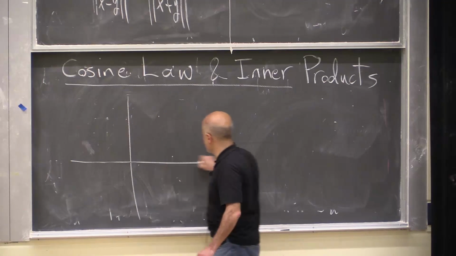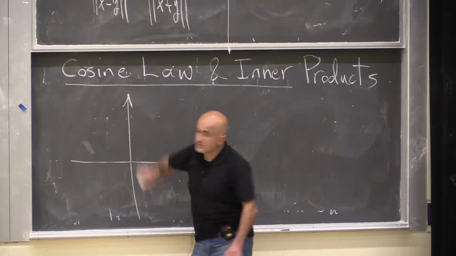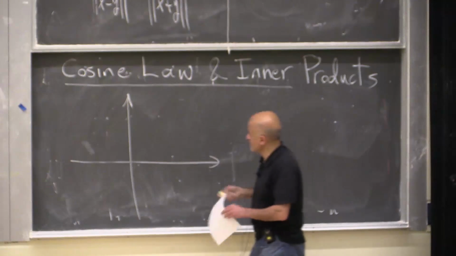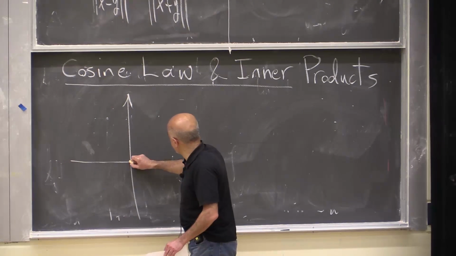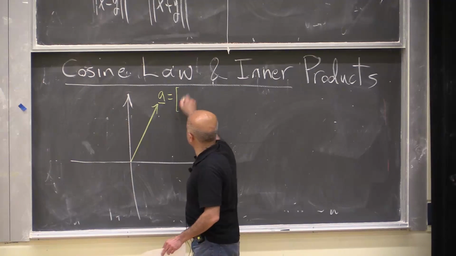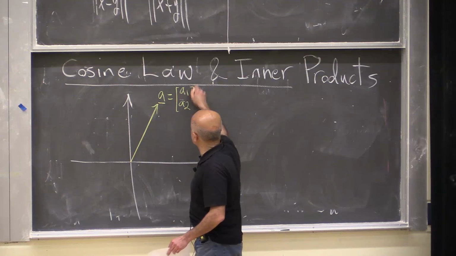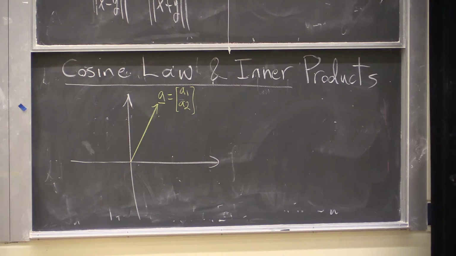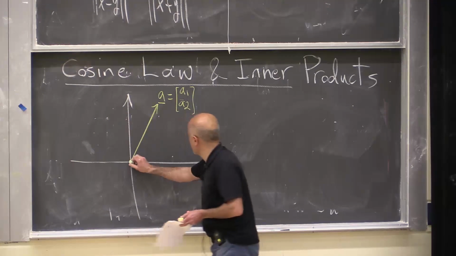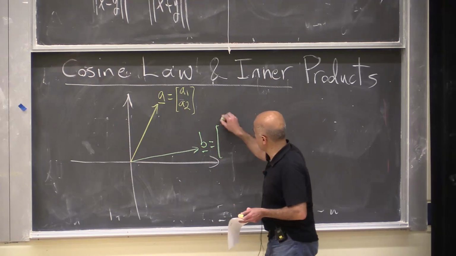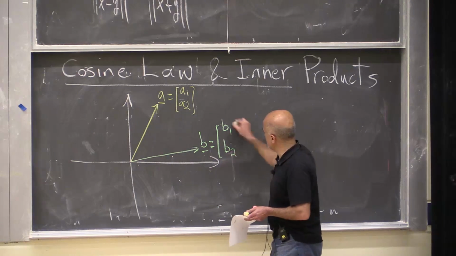I'm going to do everything in 2 dimensions. The extension to higher dimensions is fairly straightforward. So let's say I have 2 vectors, A, which has 2 components, A1 and A2. And I have another vector, let's say B, which has 2 components, B1 and B2.